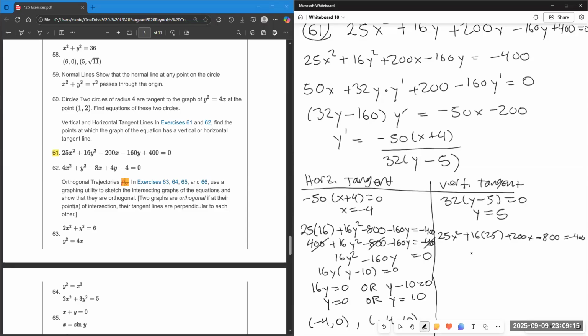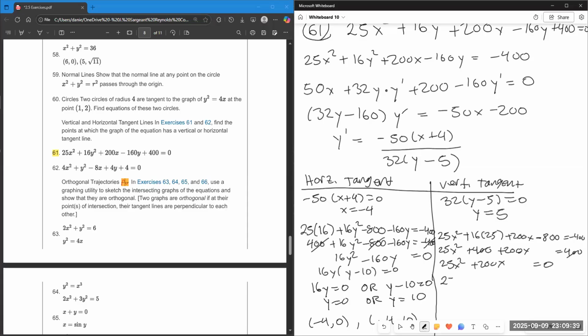So this is 25x squared plus 400 plus 200x minus, add that 800 to the other side, is 400. So this 400 and this 400 zero each other out, plus 200x equals 0.